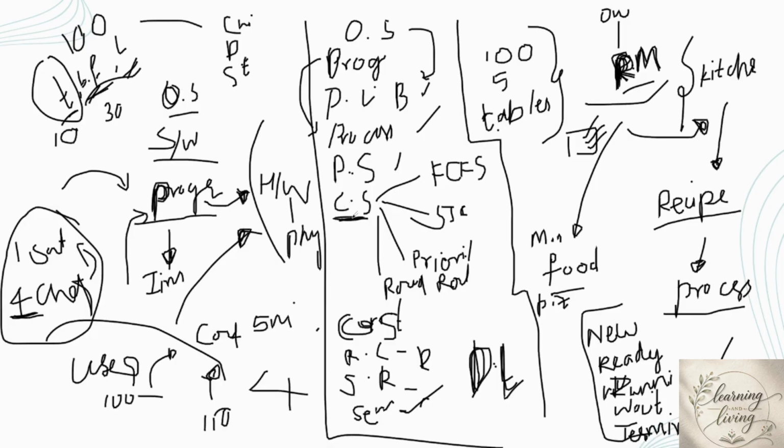In CPU scheduling, we have 4 different ways: FCFS, first come first serve, shortest job first, priority based, and round robin. This is important. Round robin is like every task is given equal time, so that everything gets time and there is no waiting time.